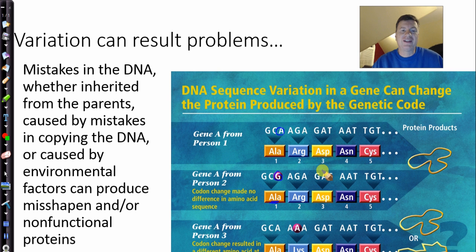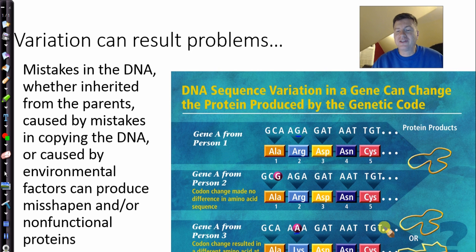Sometimes a change in the DNA doesn't matter in terms of changing the protein shape. However, in this case down here, you see that it does. We changed this G here to an A. Well, that resulted in an entirely different amino acid, so we get an entirely different sequence of amino acids, which will then cause maybe the protein to fold up in a different way. That could be a genetic problem.